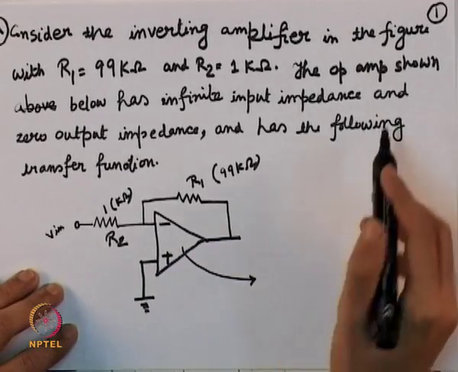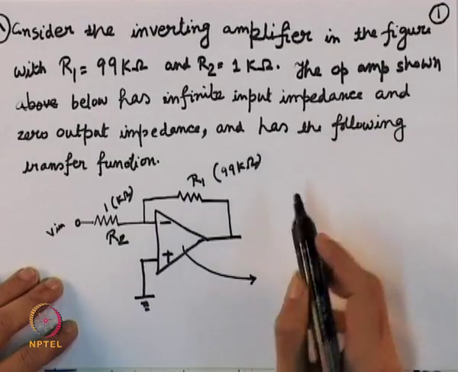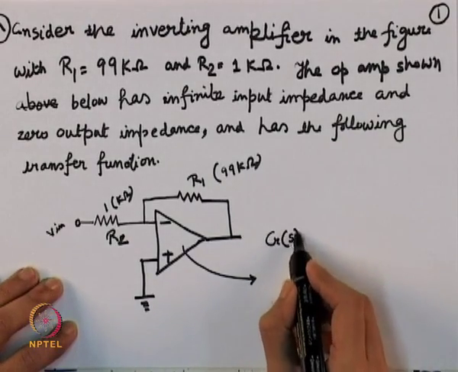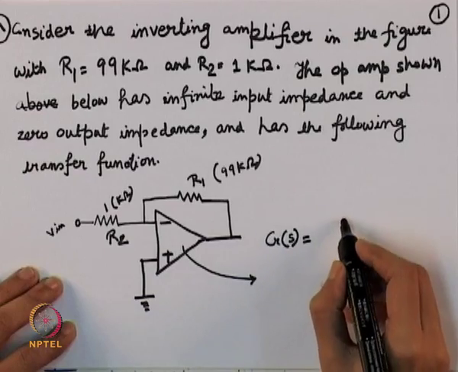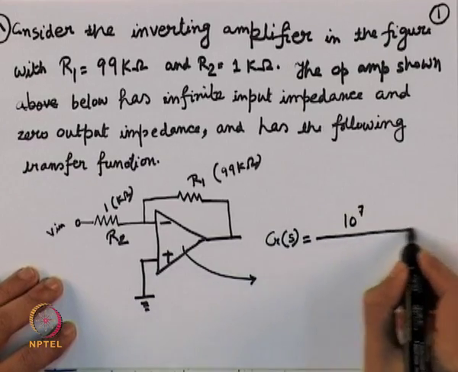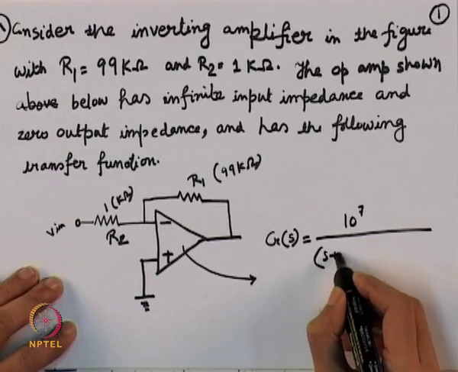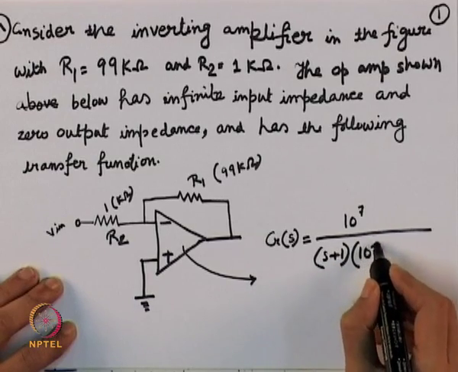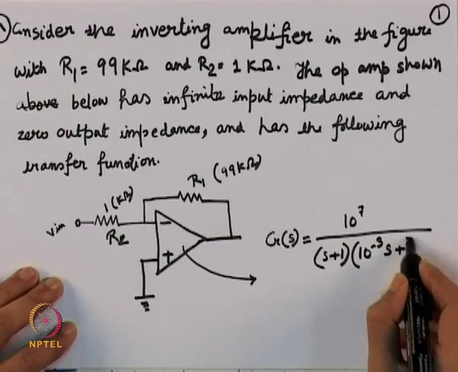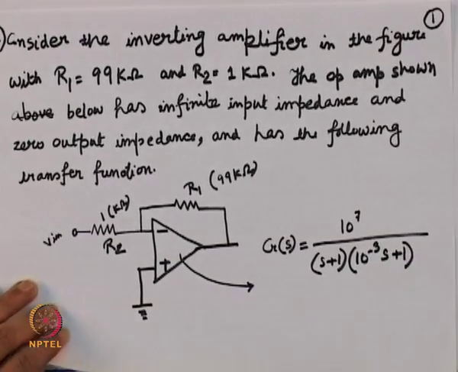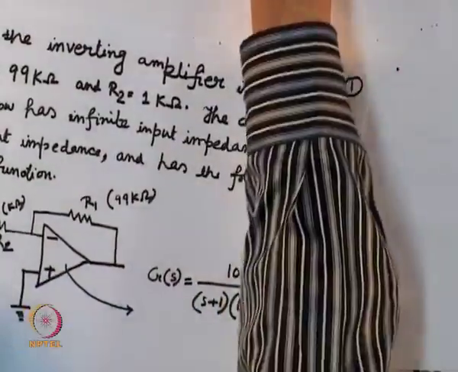And we are told that G(s), the open loop gain of the op amp, is 10 to the power 7 divided by (s plus 1) into (10 to the power minus 3 s plus 1). Now, what are the things we have to find out? So, this is the circuit and the basic problem description.